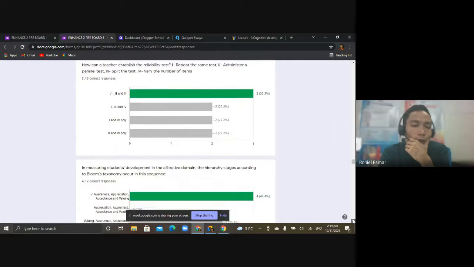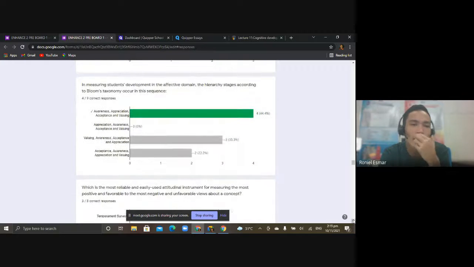For the next item, in measuring students' development in the affective domain, the hierarchy stages, according to Bloom's taxonomy, occur in this sequence. What is the sequence in the affective domain? Is it appreciation, awareness, acceptance, and valuing?